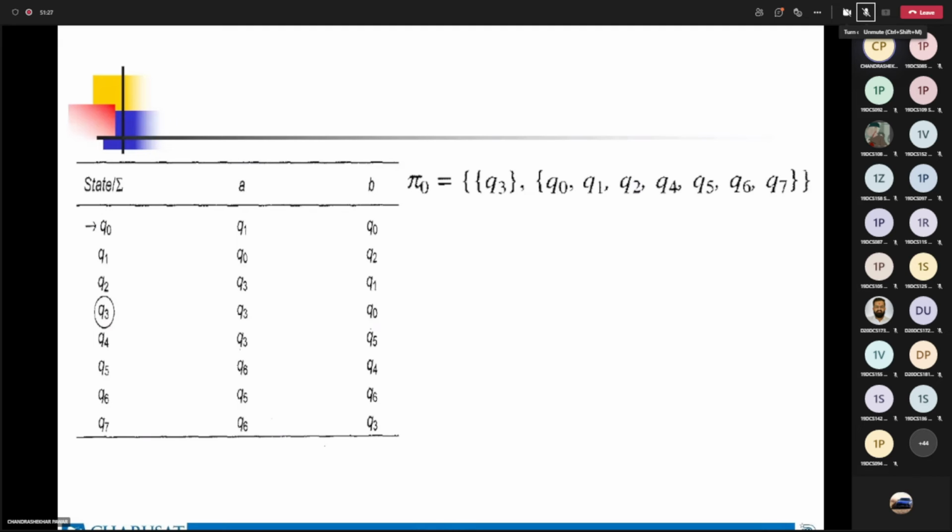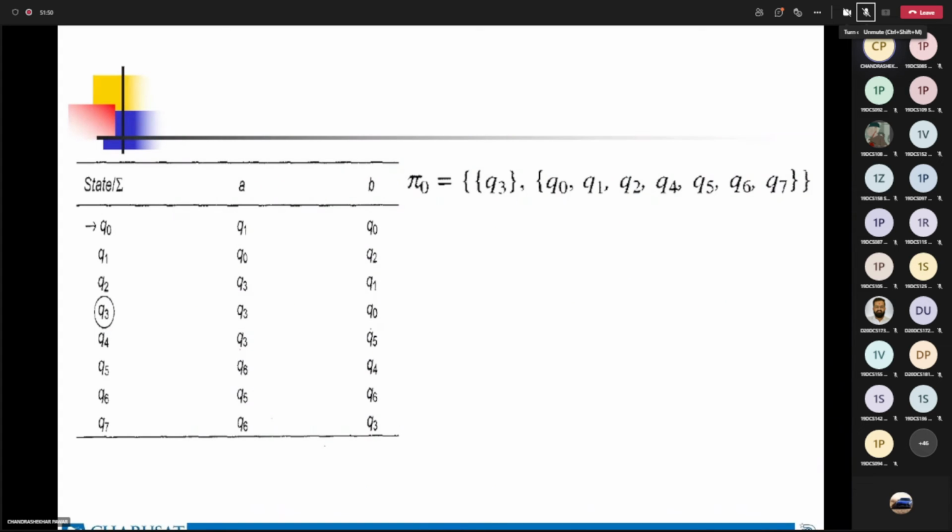So just check for the Q2, Q4, Q7 and just try to write down the complete set. I want the complete set, pi 1. Can anyone please write down that pi 1 completely? Roll number 158, just try to write down the pi 1. Or other students can also please reply.